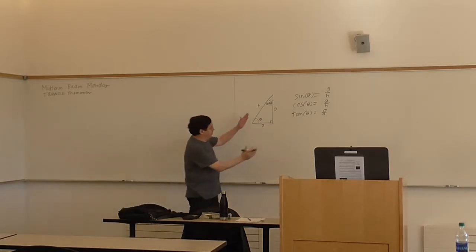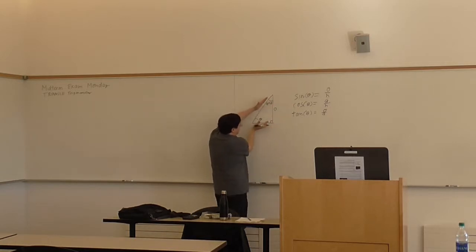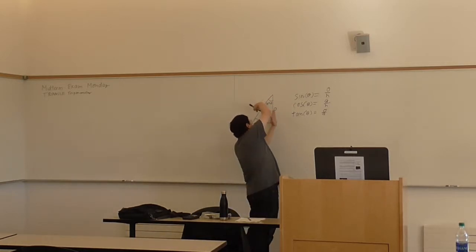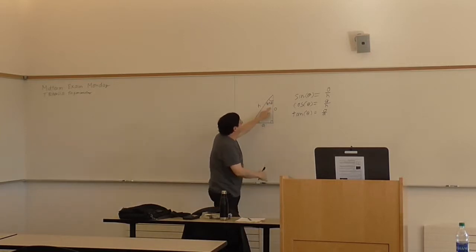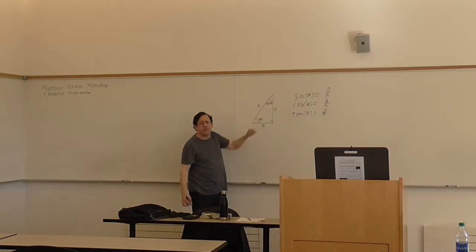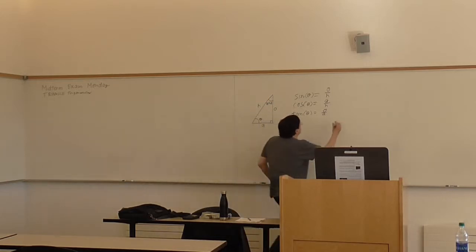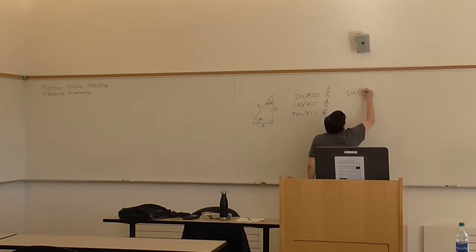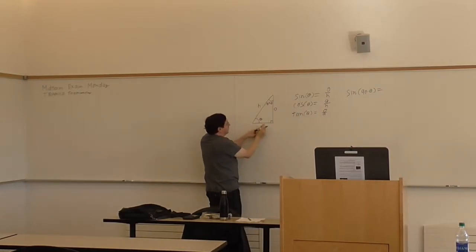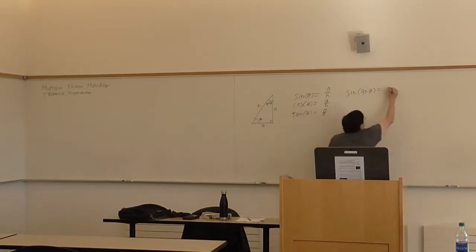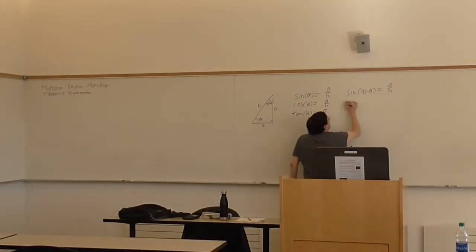I'm so used to looking at it this way that it's actually hard, but in my head, I'm going to tilt this over so that this is now the angle I'm looking at. And now the sine of 90 degrees minus theta is now the side opposite, which is now what we're calling the adjacent over the hypotenuse.